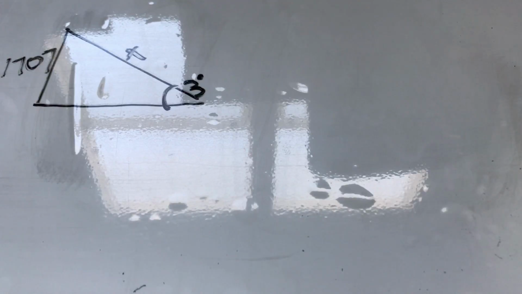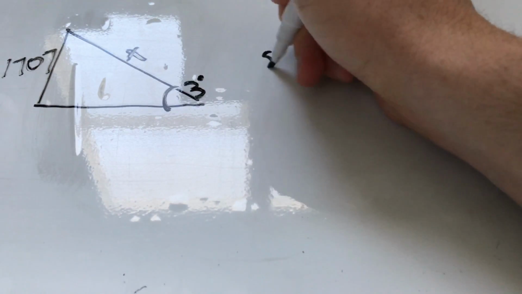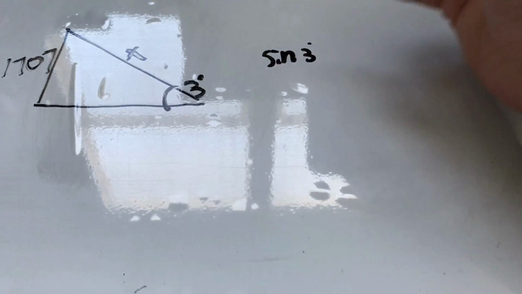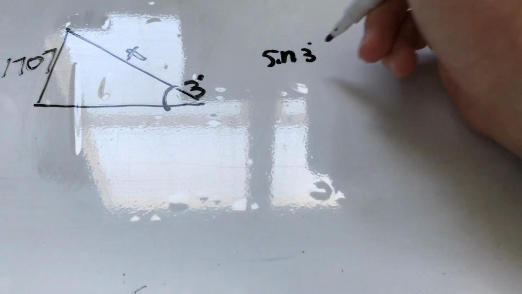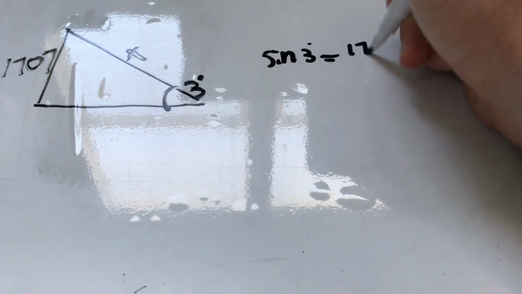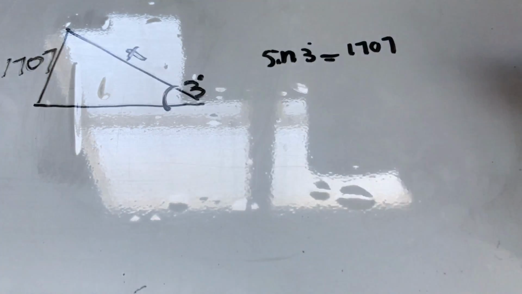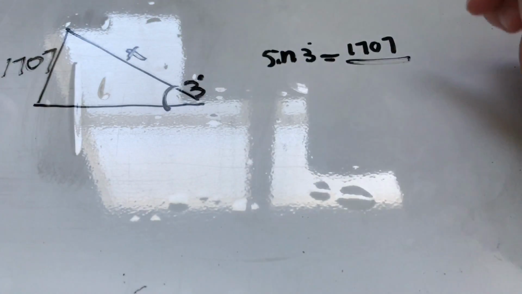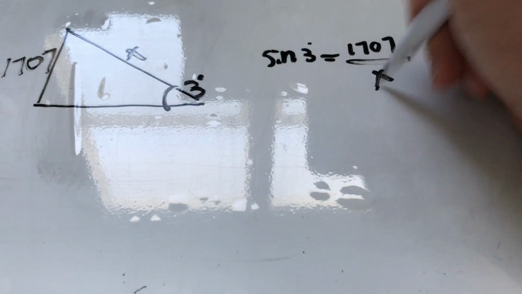So what we have to do is use sin 3 degrees, because that is our angle of elevation, equal to 1707, the length of the building, or any object that the angle of elevation is referring to, over x.